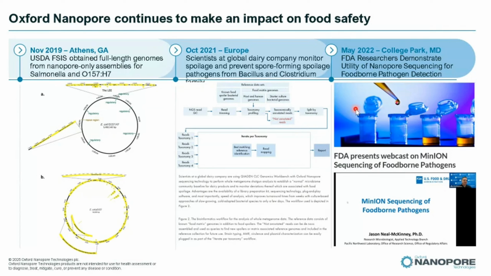Okay, and also in 2022, FDA researchers were very interested in using nanopore technology for foodborne pathogen detection, and they presented a webcast on this usage of MinION sequencing for foodborne pathogens.